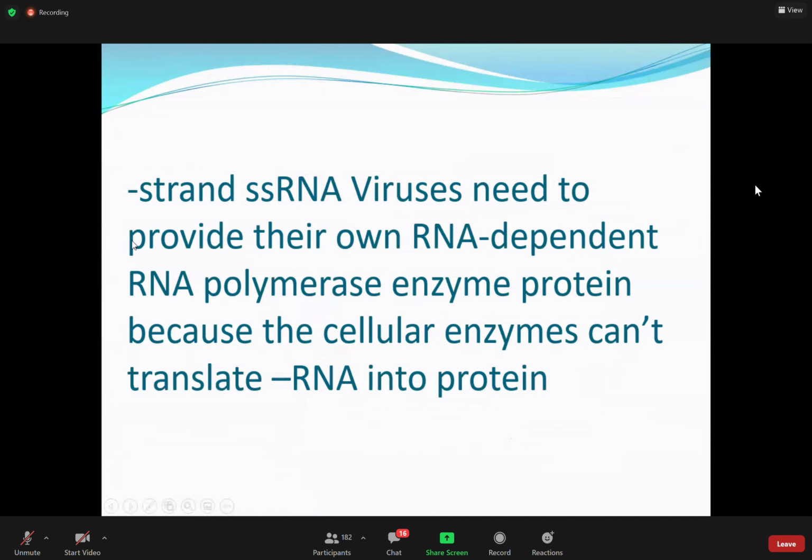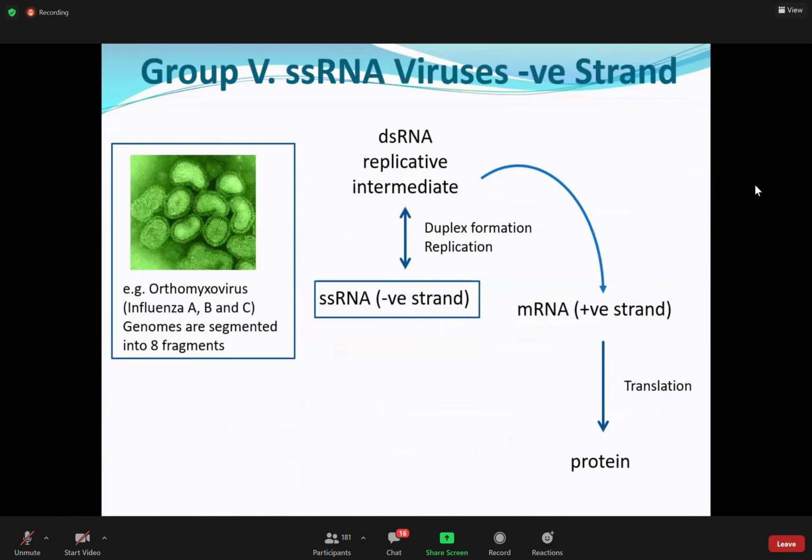And so just to repeat, it's pretty simple for a plus strand RNA virus to have that read as a messenger RNA. Minus strand RNA viruses will not be read, so they need to carry their own RNA-dependent RNA polymerase enzyme with them.